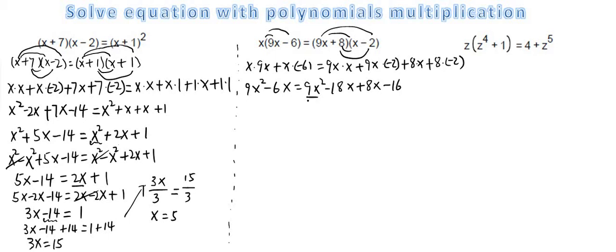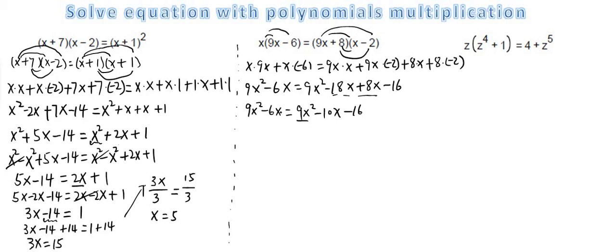Now we can simplify the terms. If we simplify these two terms, we have 9x squared minus 6x equals 9x squared, that's negative 10x minus 16. Now we want to remove all the x terms on the right hand side.